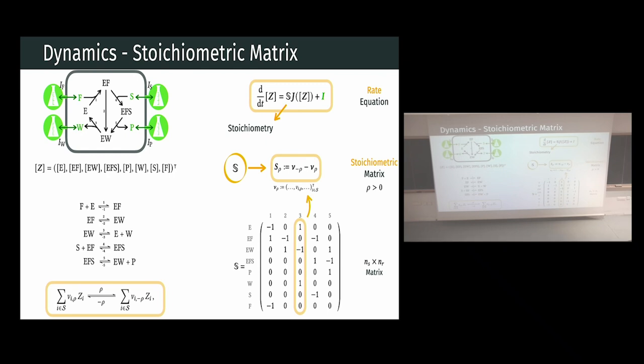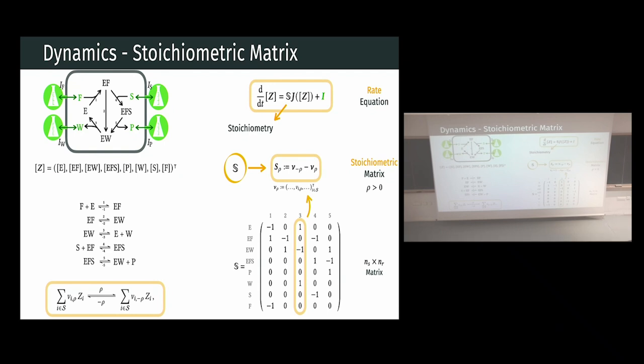It plays the role of the reactant. And then we have +1 and +1 for W and E. The order is not important. We could have called the opposite reaction the forward one, so E plus W to EW, and we would flip the sign of these entries, but it doesn't matter. That's totally arbitrary.